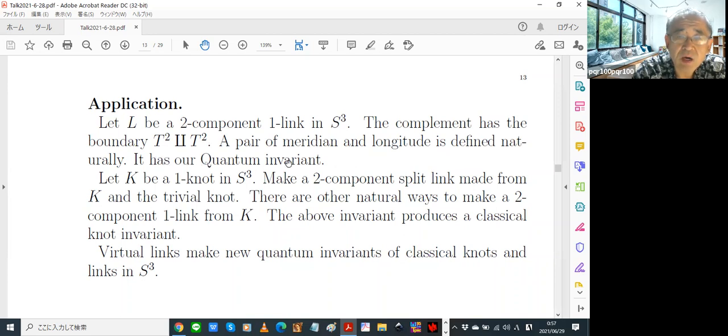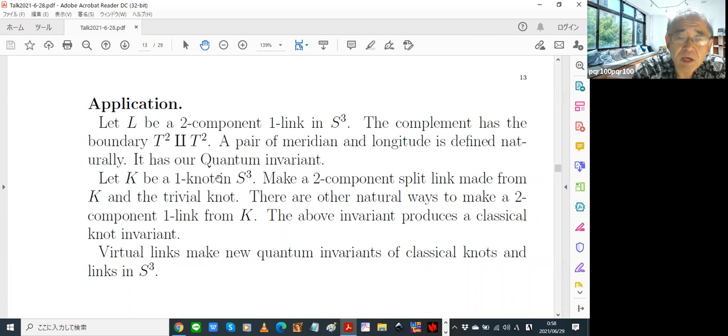The complement is a three-manifold with boundary T2 and T2, and there are natural meridian and longitude. So the complement has our quantum invariant.